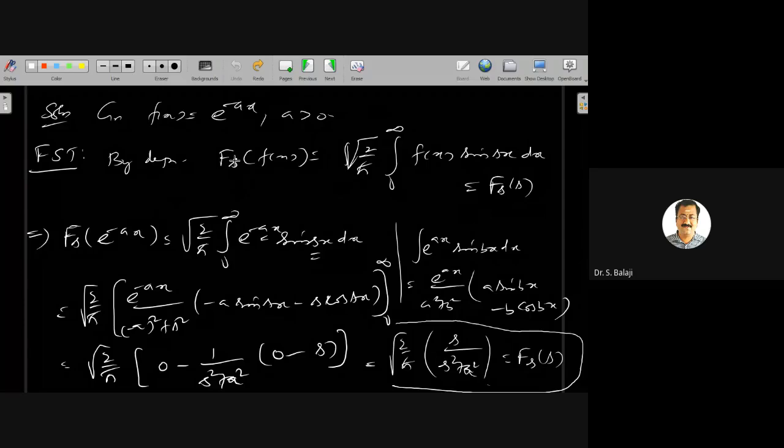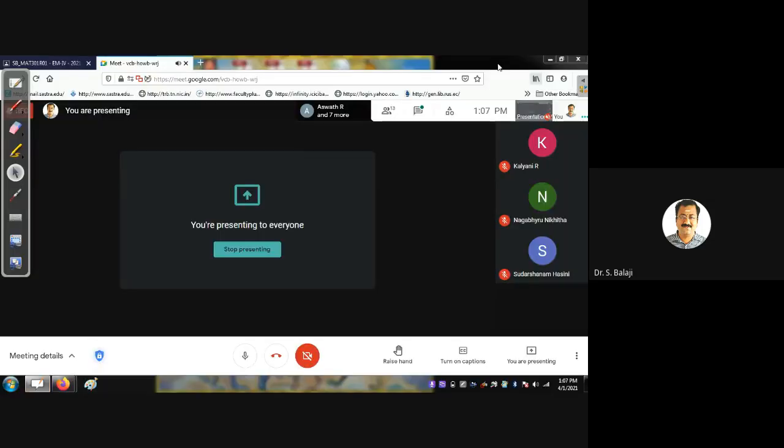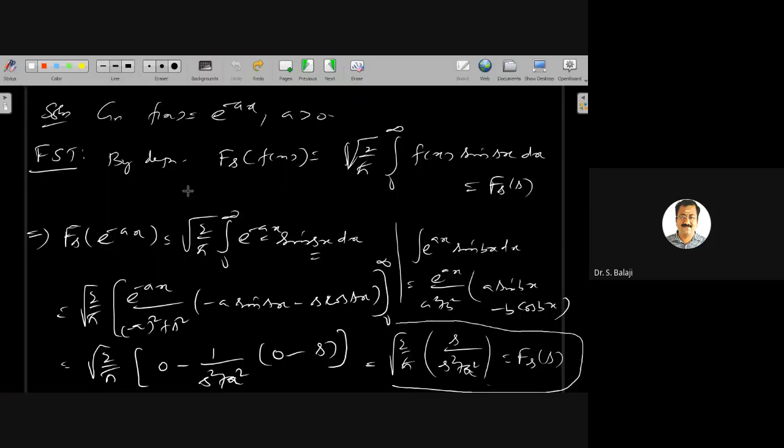Now instead of f of x, we take e power minus ax. Fs of e power minus ax equals root of 2 by pi integral 0 to infinity e power minus ax sin sx dx. You know the formula: integral e power ax sin bx dx is equal to e power ax by (a square plus b square) into (a sin bx minus b cos bx).